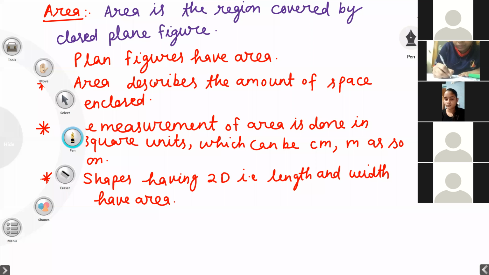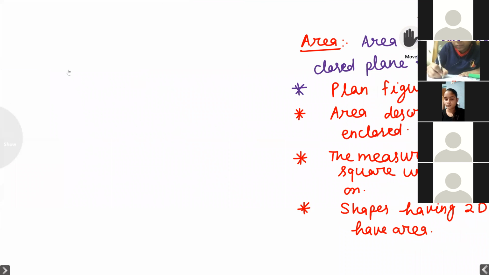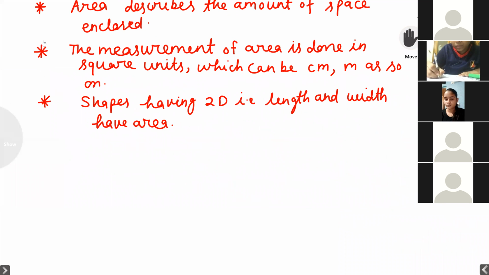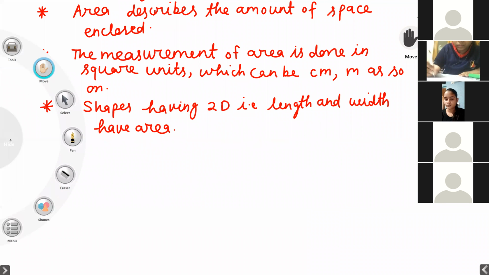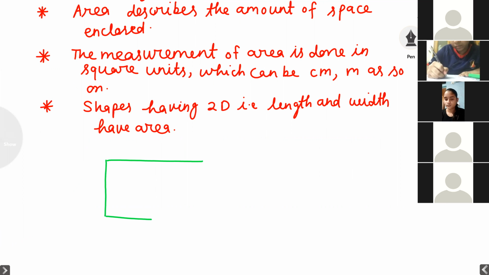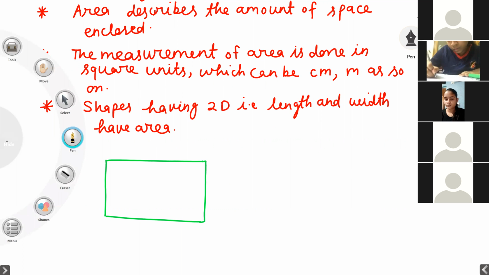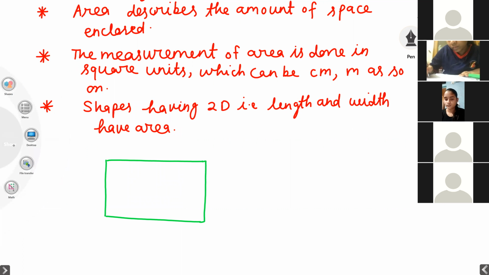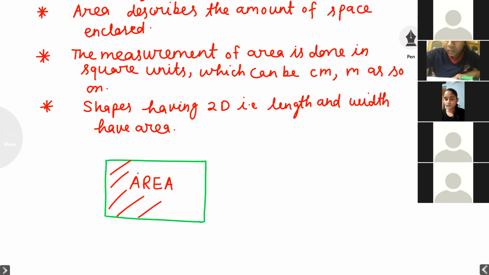Very clear picture I have given about area. Draw this figure very clearly, students. This is area.